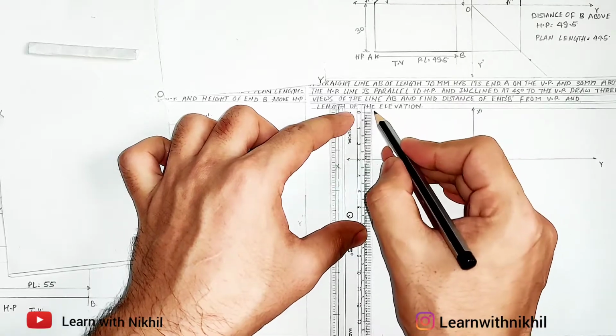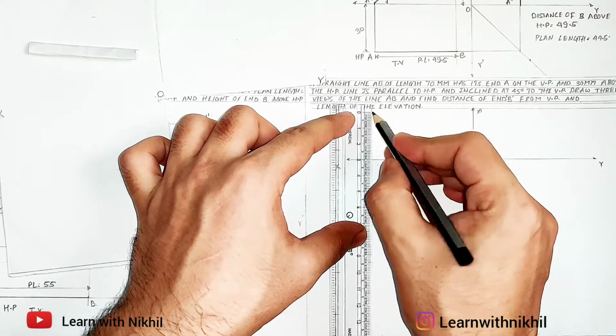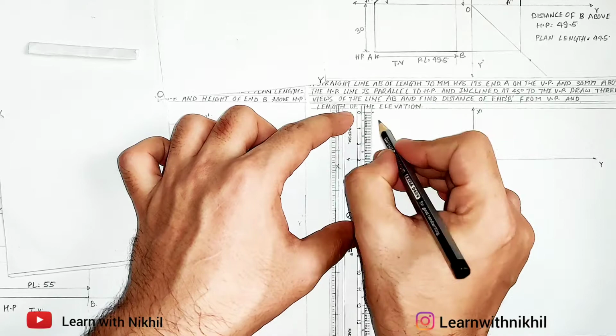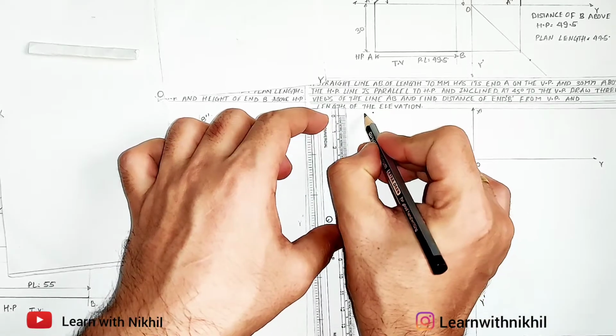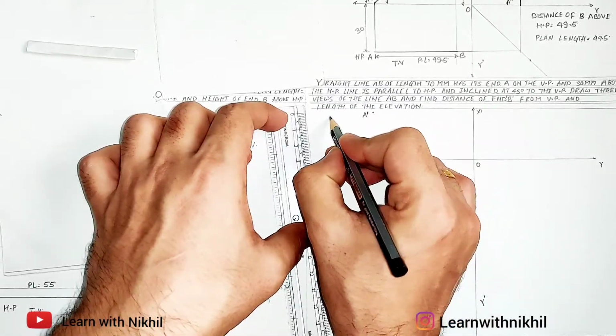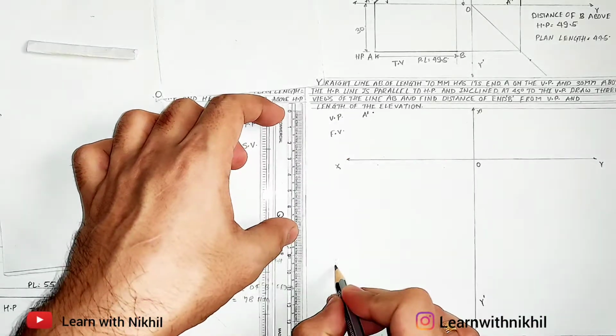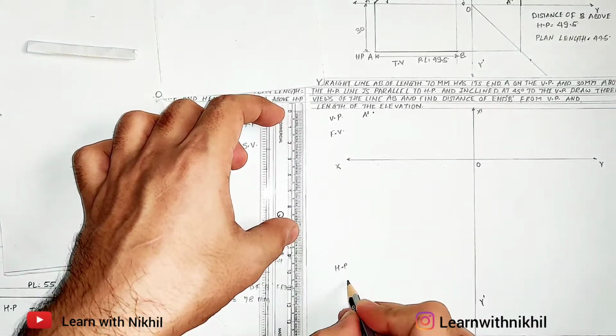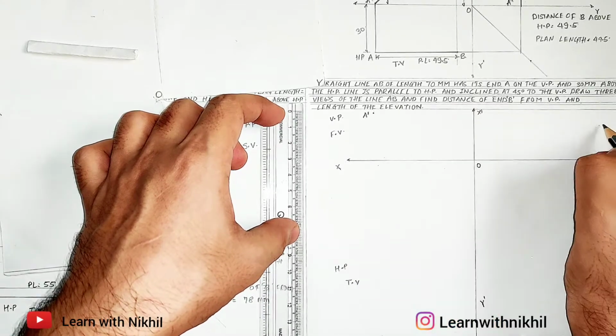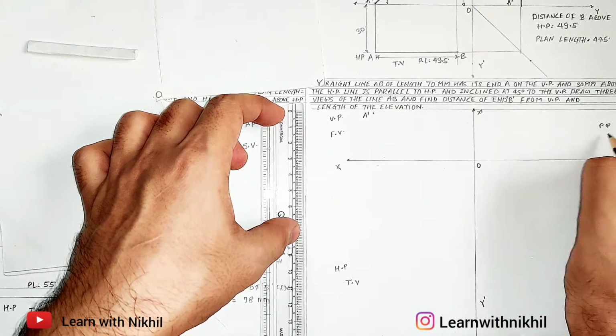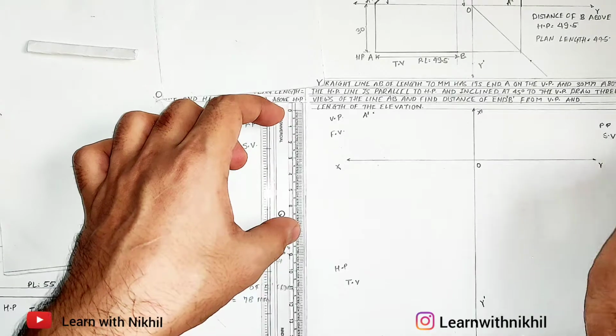This will be A dash. This is the vertical plane or the front view. This is the horizontal plane or the top view. This is the profile plane or the side view.